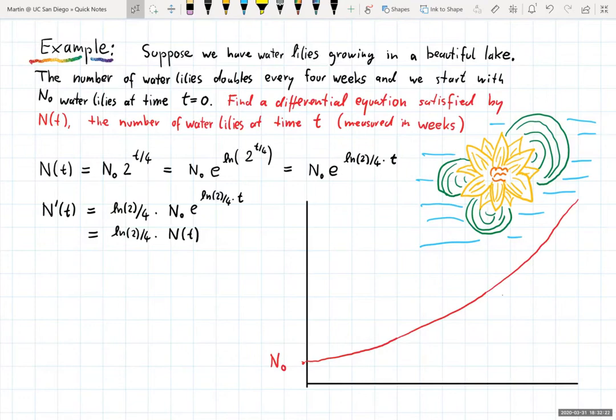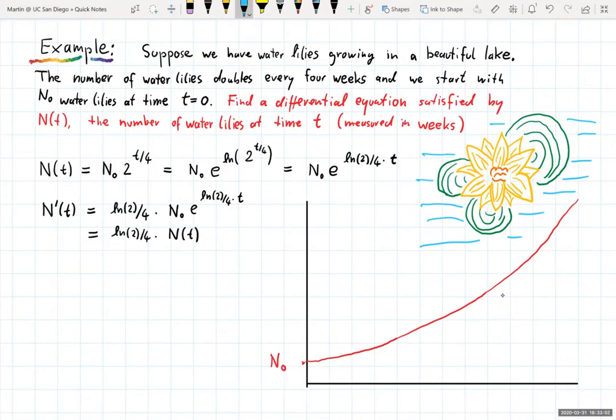Now here we've got an exponential with base 2, and just for practice, let's rewrite this as an exponential with the Eulerian number. Now to do this, let's start with the function n of t, which is n naught times 2 to the t over 4. And certainly I can take the logarithm of 2 to the t over 4 and introduce the exponential again.